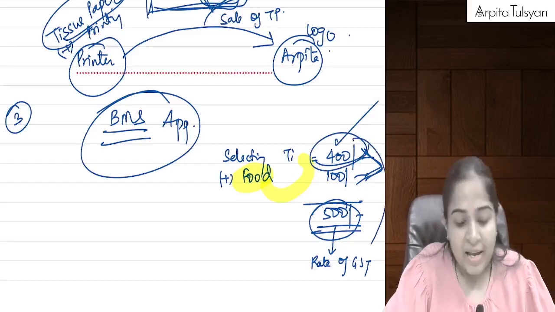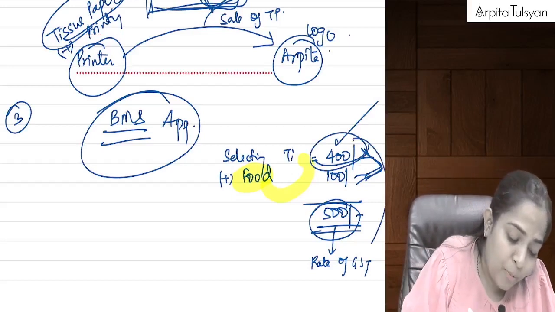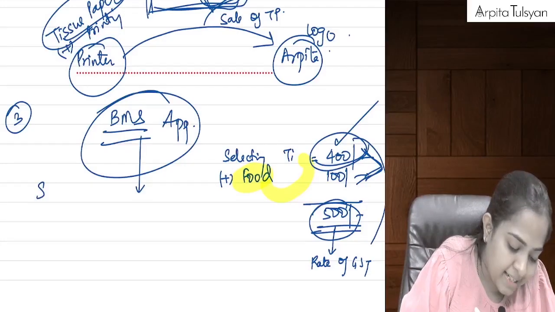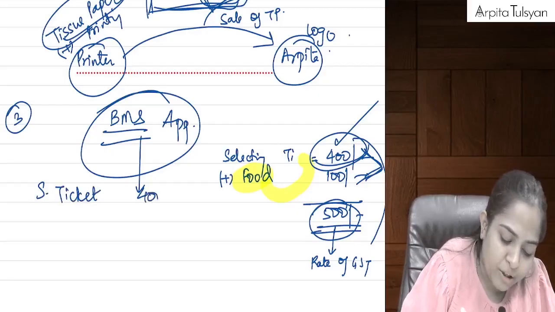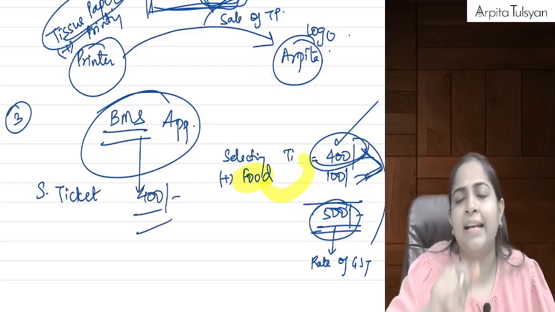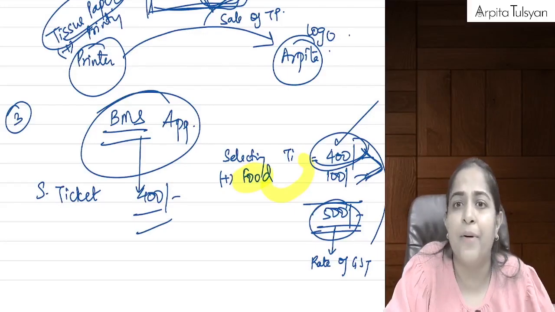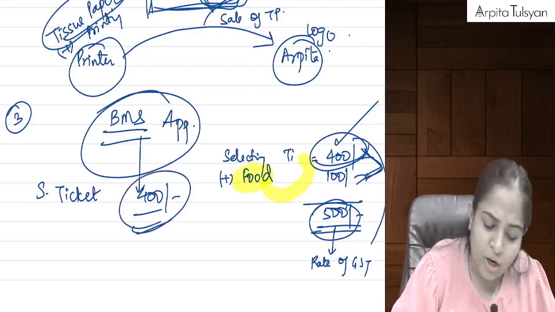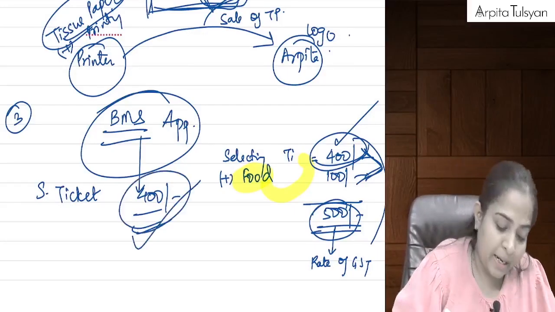Yes, but let's say while booking the movie on the Book My Show app, I just booked the tickets. While selecting the tickets, I just paid for the tickets. I thought if I want to eat anything, I will later go to the theater and there during the intermission, I will purchase something. So on this 400, obviously the movie ticket rate will be applicable.